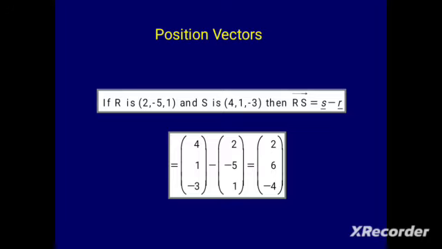So we have (4, 1, negative 3) minus (2, negative 5, 1), and so you'll get (2, 6, negative 4).